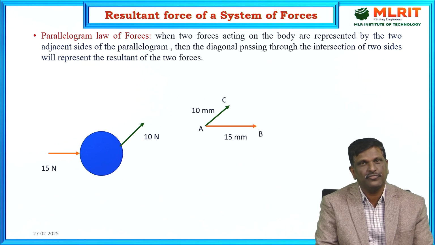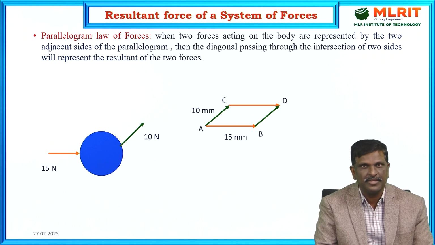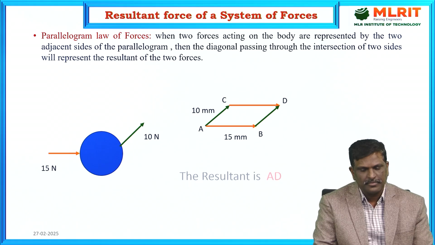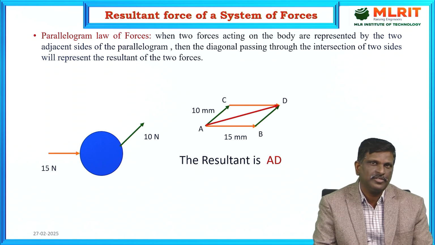Let us see how to form it. Draw a line parallel and equal to AB, and draw another line parallel and equal to AC, so that we can construct the parallelogram. Now the resultant is AD, the diagonal passing through the intersection of the two forces.